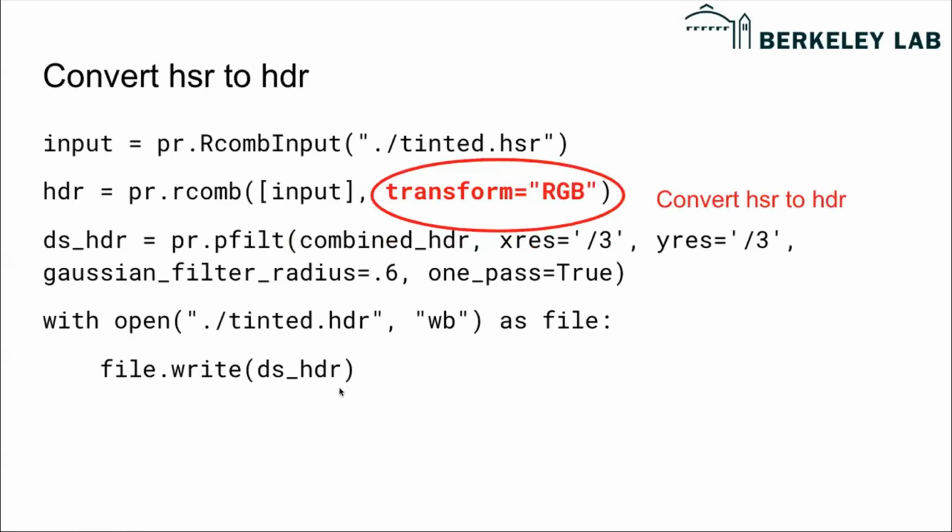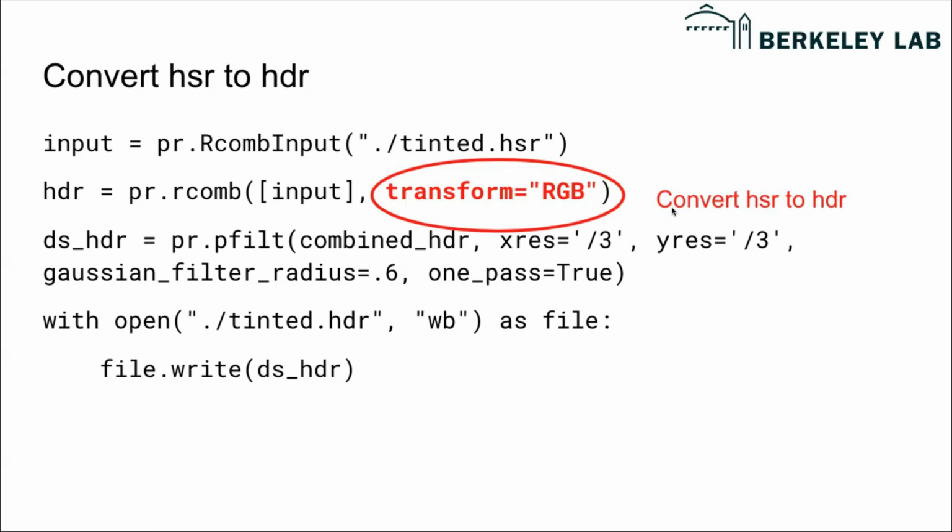As Greg was mentioning, right now you cannot open HSR through Ximage. So one way to do that is to convert it to HDR. How you would do that is you use RCOM. You first build an RCOM input in here. We put in the HSR that we just built right here.